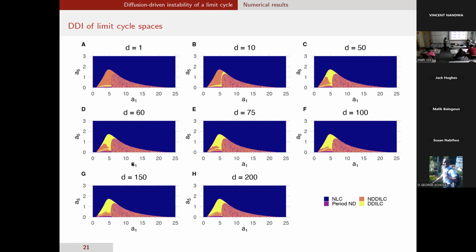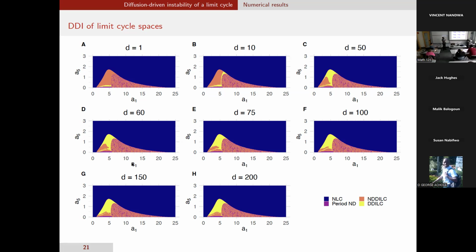Here I define period ND because I was having convergence issues when you set large time steps for each one on the laptop. Some regions, with this purple color, you cannot get the limit cycle. And DDLC is where we are destabilizing the limit cycle.